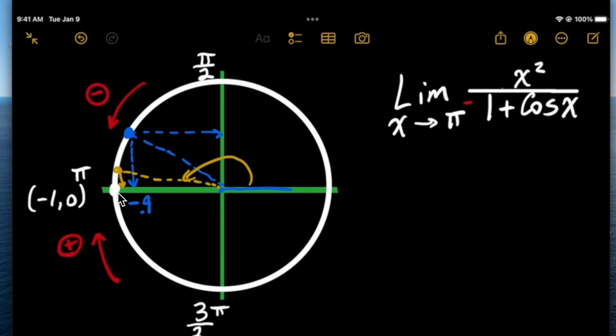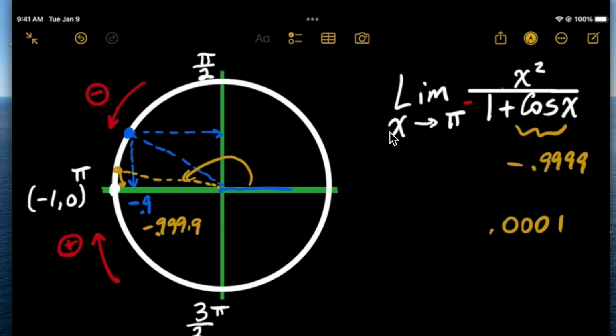Now it goes to -0.9999. Now, that's the cosine of the angle. That's what we plug in here. So if you start plugging in -0.9999, which is what's happening as this angle is coming towards pi, you're going to get a very, very small positive number, and that's going to blow up to positive infinity. Again, that numerator is always going to be positive in this problem.